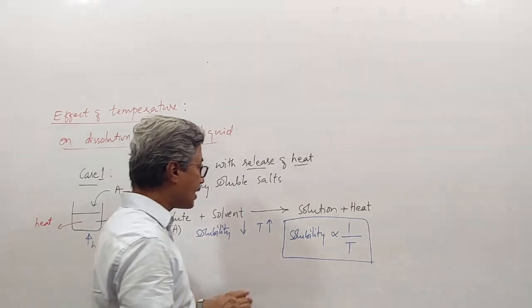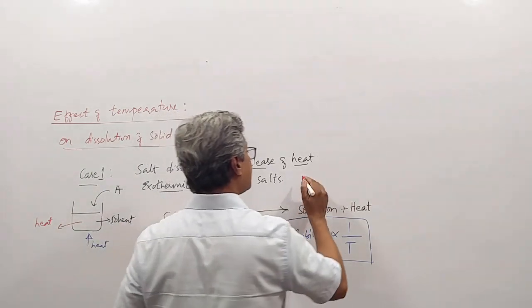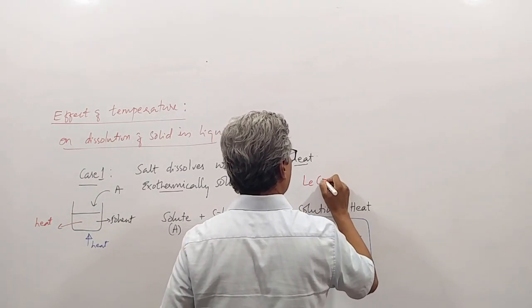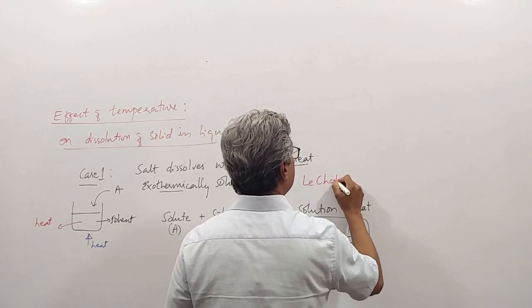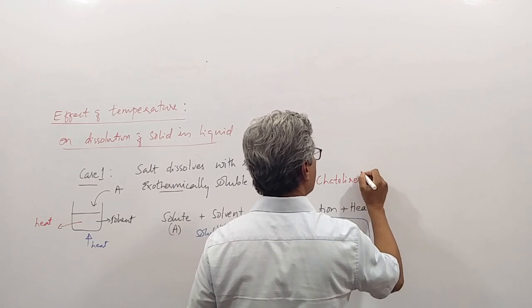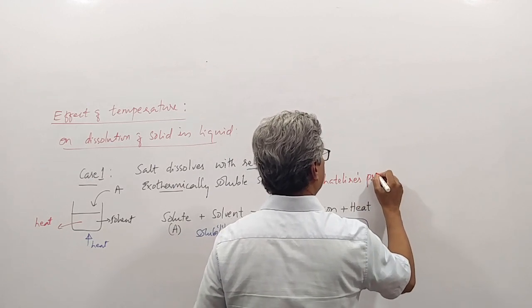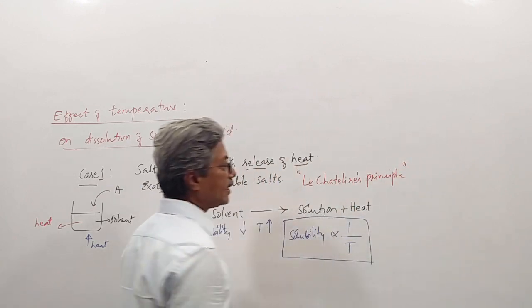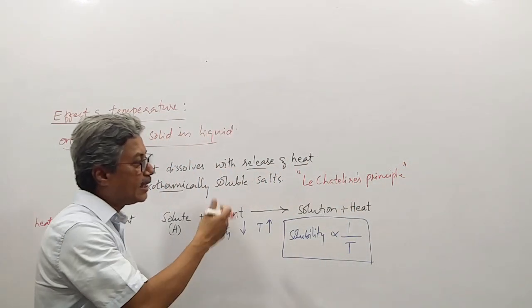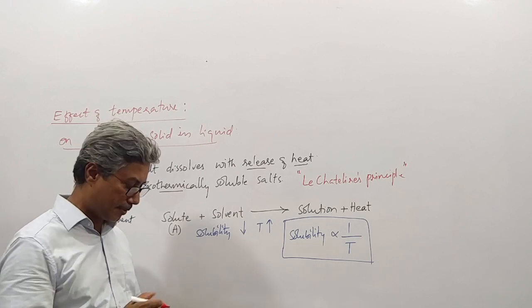And this is in accordance with the famous principle of the chemical equilibrium chapter, which is known as Le Chatelier's principle. We shall see this in detail in that chapter.